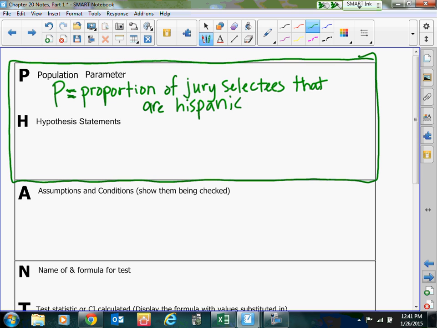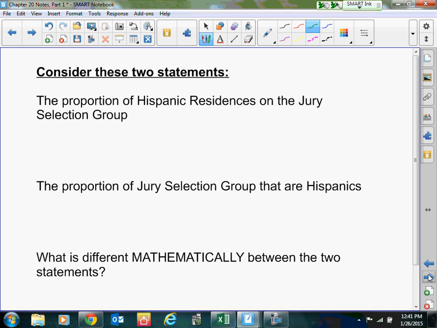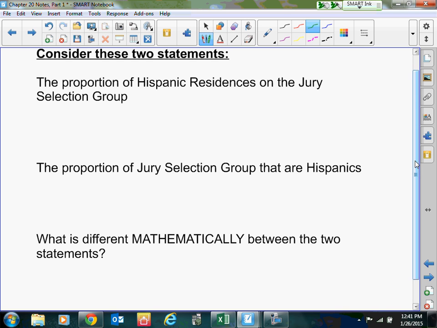Before we go on to the hypothesis statements, I want to show you one quick thing to consider. Look at these two statements: the proportion of Hispanic residences on the jury selection versus the proportion of the jury selection group that are Hispanic.